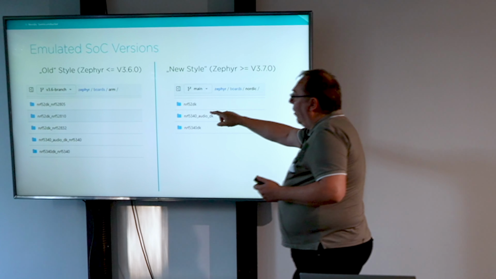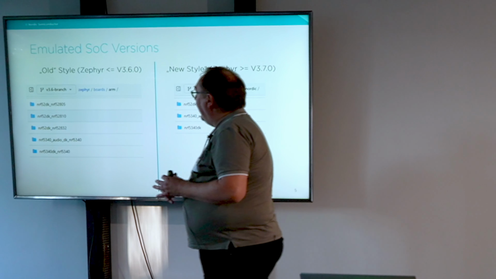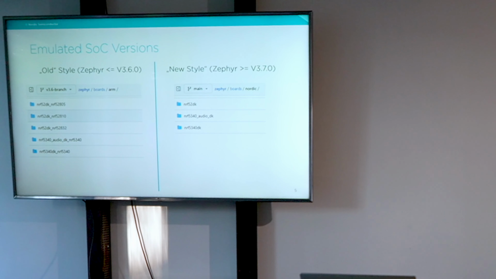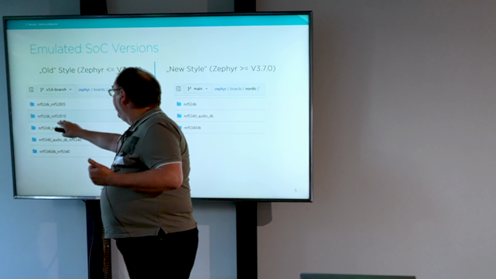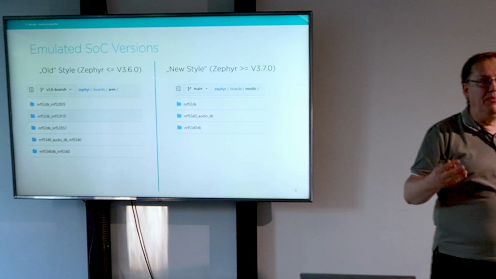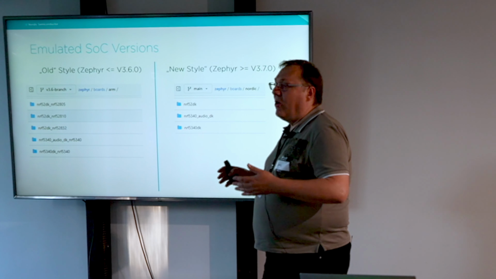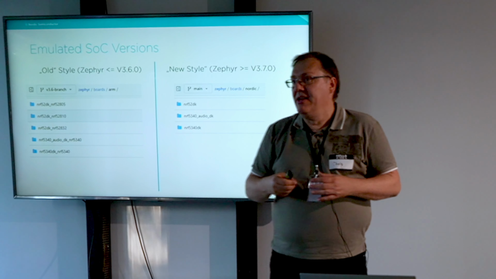So if you take a look on the old style, we had these strange boards here, NF52DK. So we have only one NF52DK. But in the board definition, we did a separation of different device types. Why was this done? It's quite simple. As a semiconductor manufacturer, we do not really want to have for each single device its own dev kit.